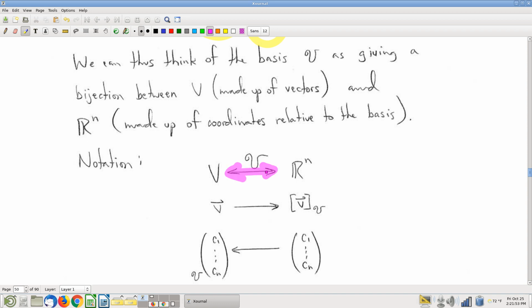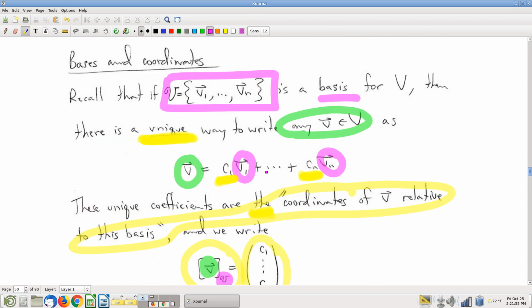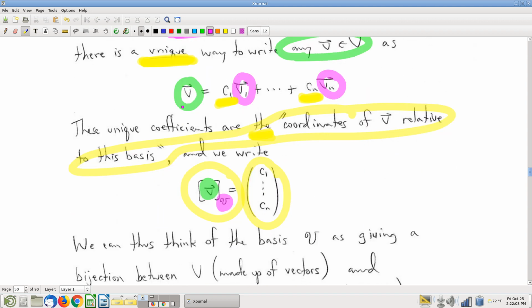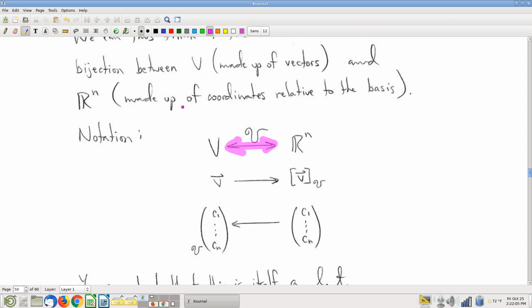It's a weird way to think about a basis, right? A basis is a list of vectors. We usually think of a basis in that way. But notice, given a basis, we have what we need to, for any vector, find corresponding coordinates. This is a perfect pairing. Remember this idea of a bijection. Perfect pairing.